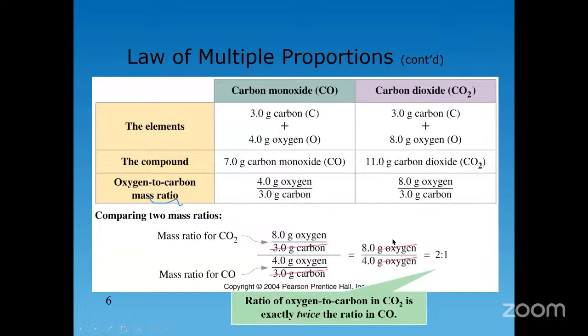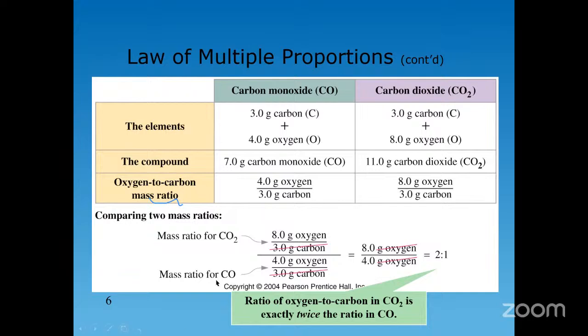So let's say we're going to compare two compounds which contain the same two elements, but their proportions are different. One is carbon dioxide, the other one is carbon monoxide, right? So let's say we can set up an experiment where we start off with the same masses of carbon to react with oxygen to form the respective compounds. In one case, carbon monoxide, in the other case, carbon dioxide, right?